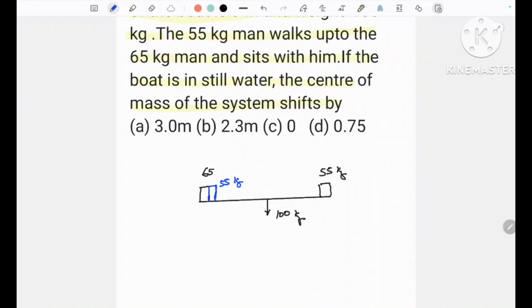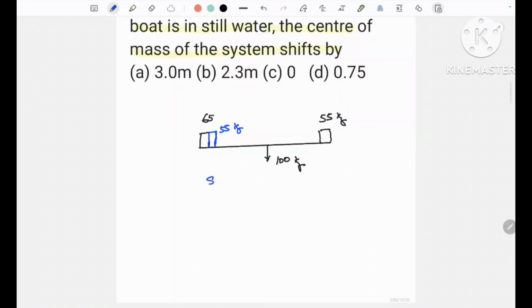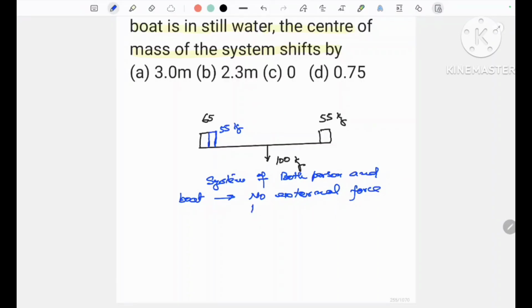The system of both persons and boat: no external force has been applied.